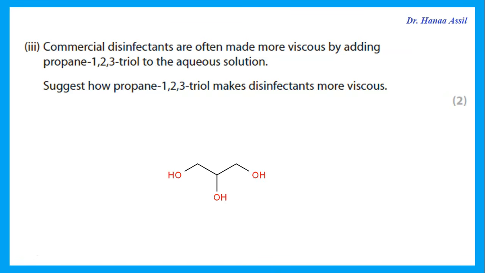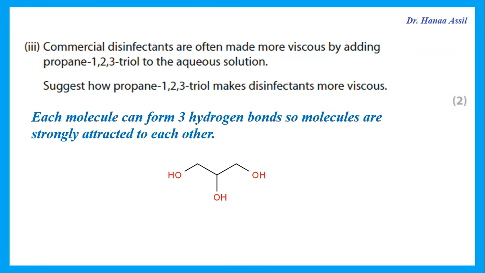So what is propane 1,2,3 triol? This is propane triol, and that means we have 3 OHs, and that means each molecule can form 3 hydrogen bonds with other molecules. So the molecules are strongly attracted to each other, and that makes the liquid viscous.